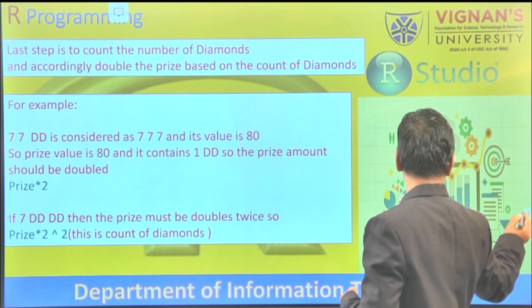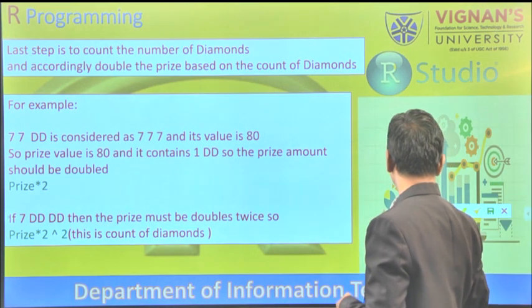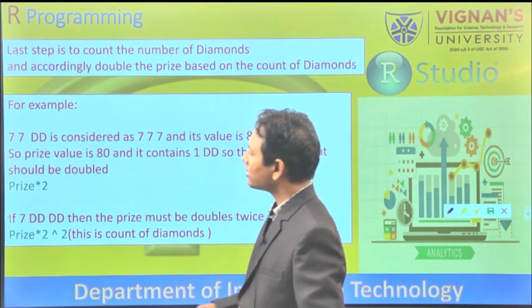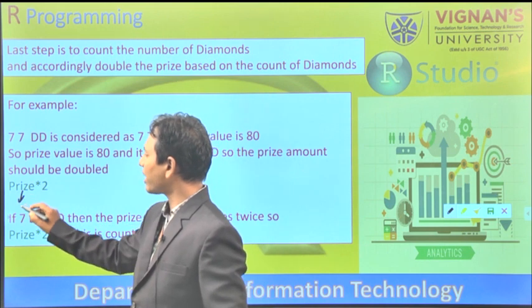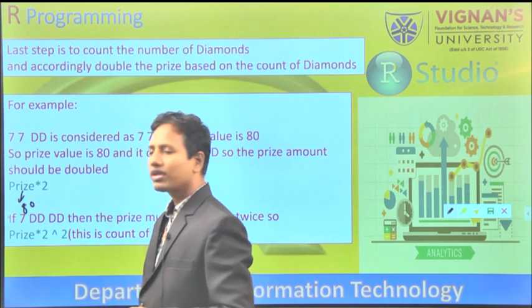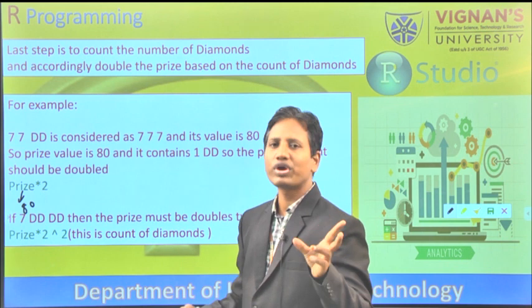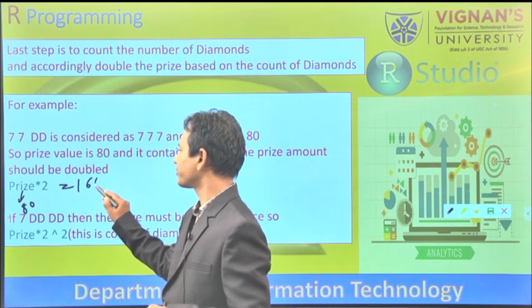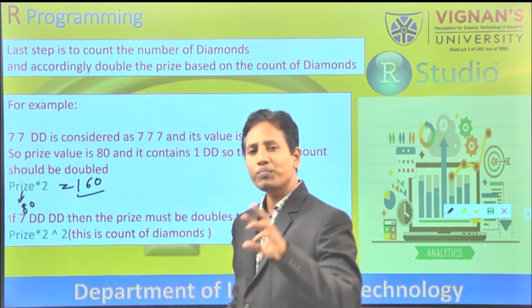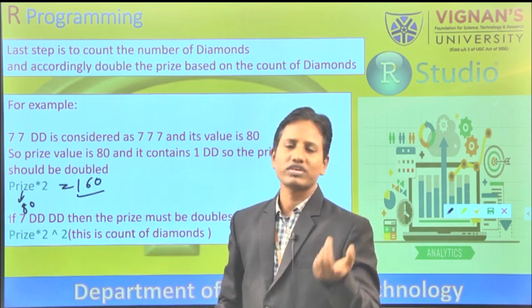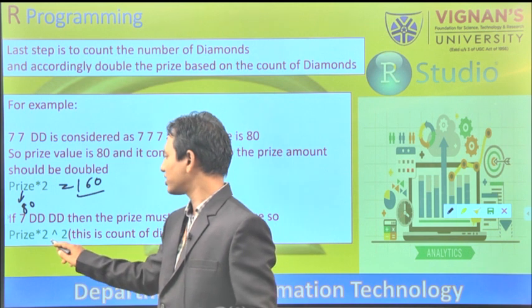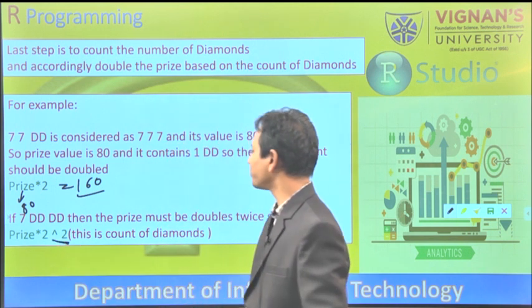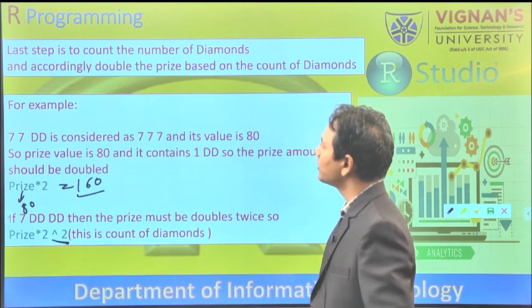And how is this going to be implemented? Here the prize is going to contain the value 80, and this 80 has to be doubled, so 80 into 2 gives 160. If I want to double it another time, I am going to use 2 to the power of the count.